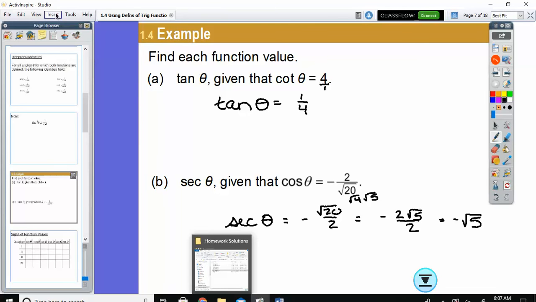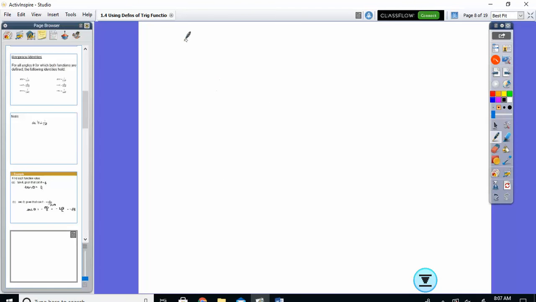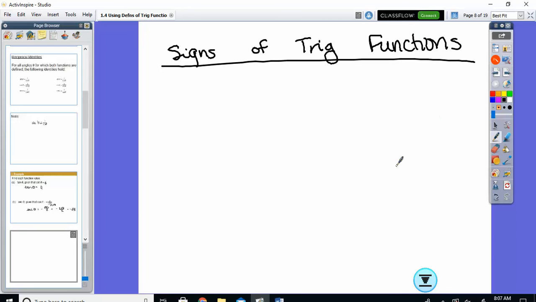Second thing I want to talk about is the signs of the trig functions. Now in section 3, we kind of had some homework problems that asked us this. It would say in quadrant 3, y over x, and you have to decide if that would be positive or negative.